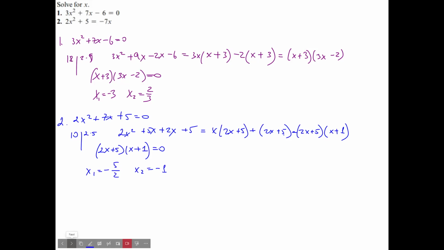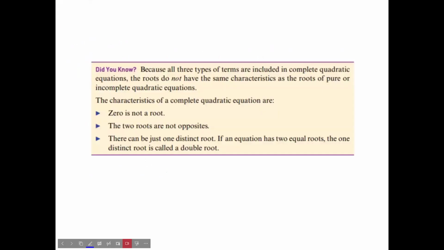So, some tip. Because all three types of terms are included in a complete quadratic equation, the roots do not have the same characteristics as the roots of the pure or incomplete quadratic equation. The characteristics of complete quadratic equations are: 0 is not a root. Okay?